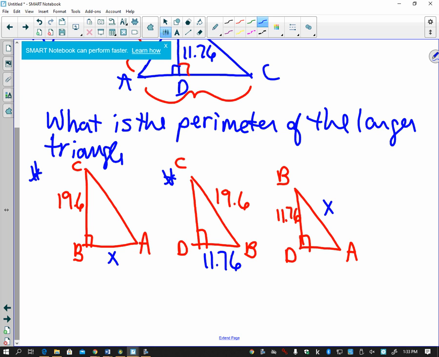Pythagorean theorem. So 11.76 squared plus b squared equals 19.6 squared.